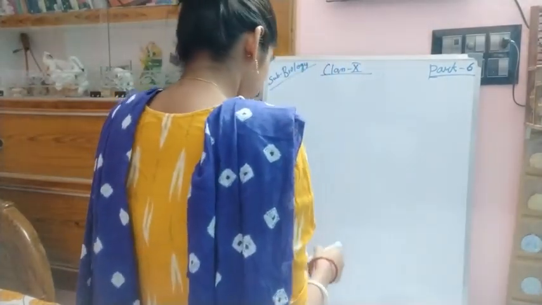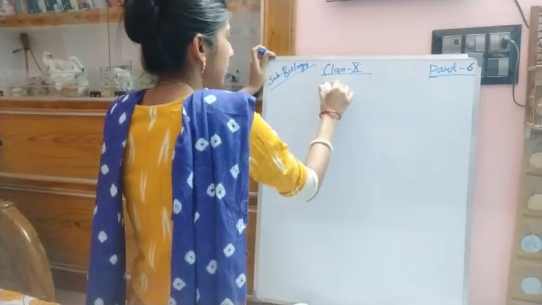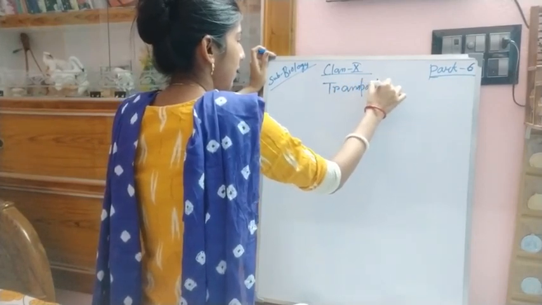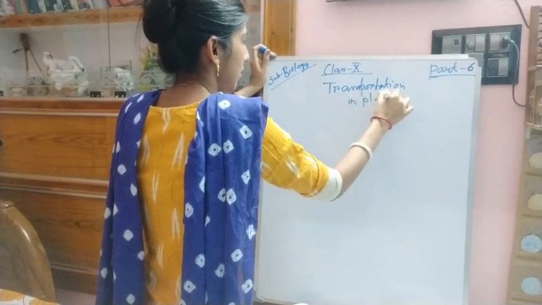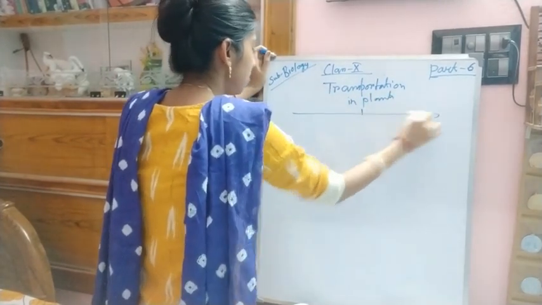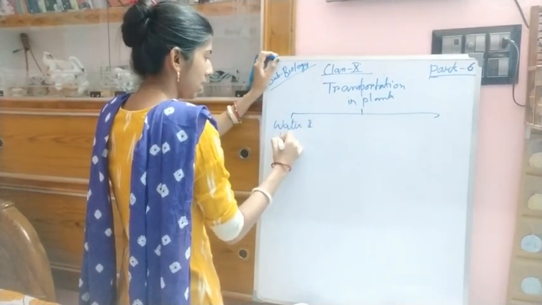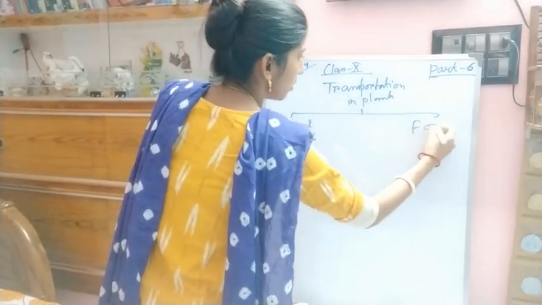Now, if I consider transportation in plants, mainly these materials are needed to be transported, that is water and minerals, and second one is food.